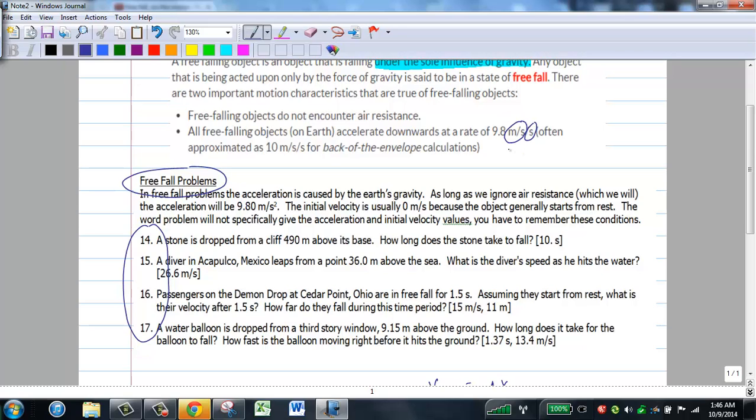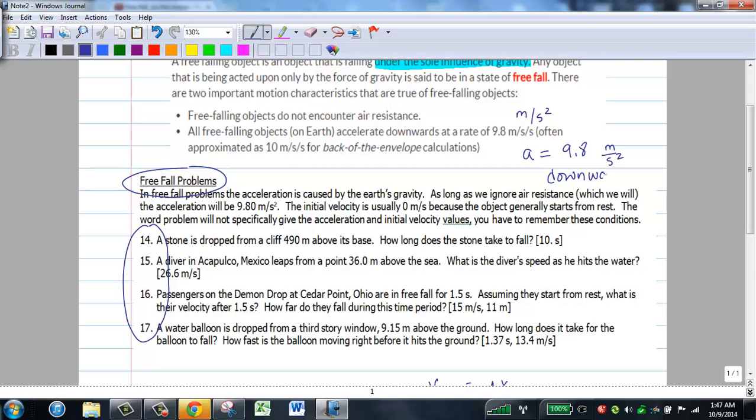And this is how we defined acceleration the other day when we were talking about it. We said that we would collect together those seconds that are in the denominator and write that as meters per second squared. So if an object is falling on Earth, its acceleration will be 9.8 meters per second squared downward.